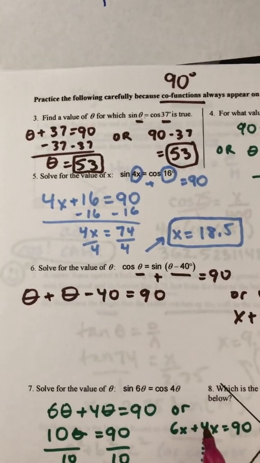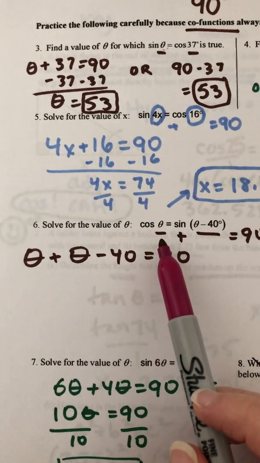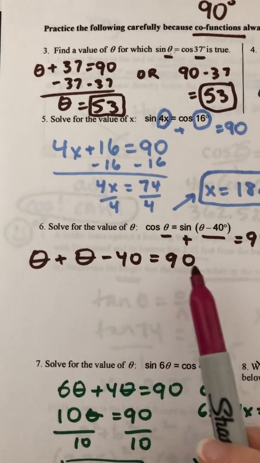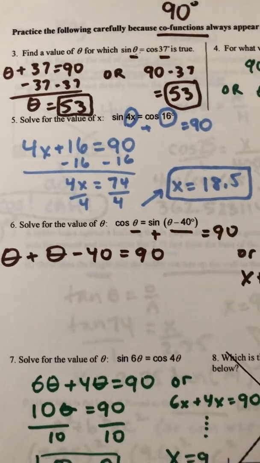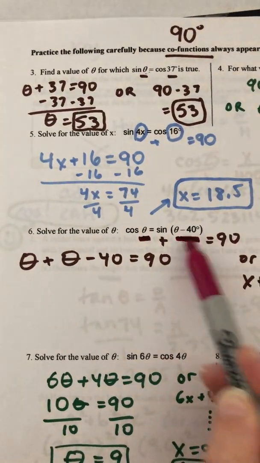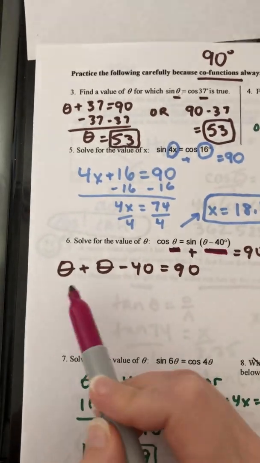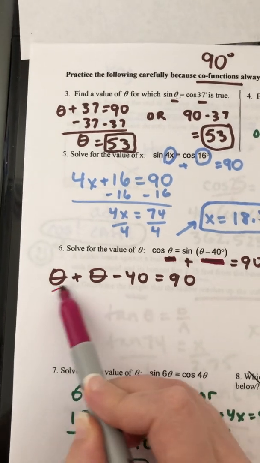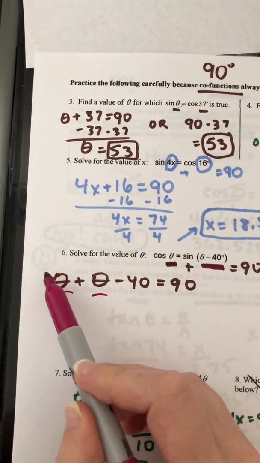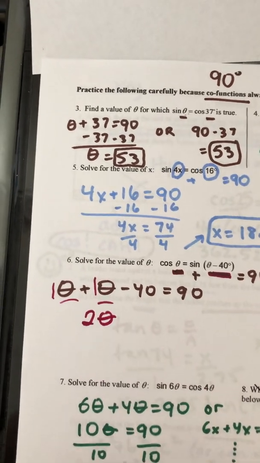Go over the solving. I'm going to take a little more time on number 6 because there's a theta symbol, and if you want to combine like terms with theta, it might be a little more complicated when you look at it visually. So these two angles, theta and theta minus 40, are two angles that together add to 90. Just like normal variables, when you combine your like terms, this is like an invisible 1 theta and 1 theta, you get 2 theta. It's not a 0, make sure you know it's a theta.